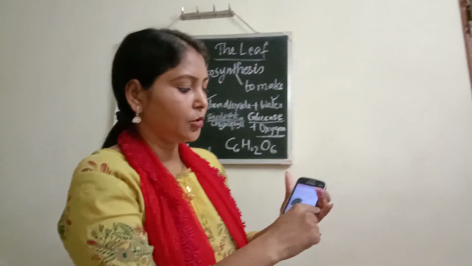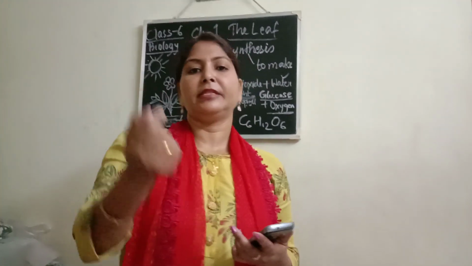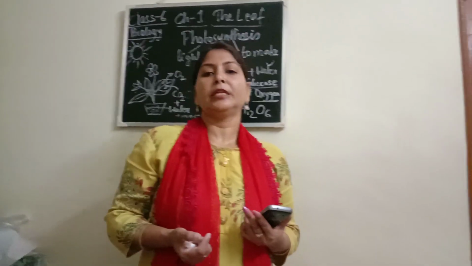Then you will also draw this diagram, 1.10, the schematic diagram showing photosynthesis, in your copy. All right, and a few questions I will frame and send as an assignment. So till then, please do read this topic.